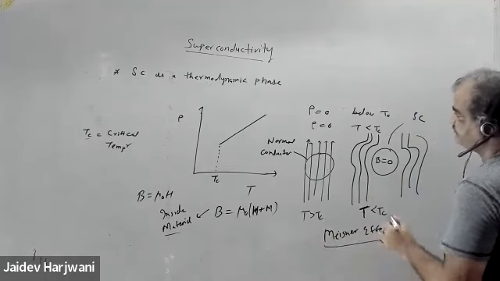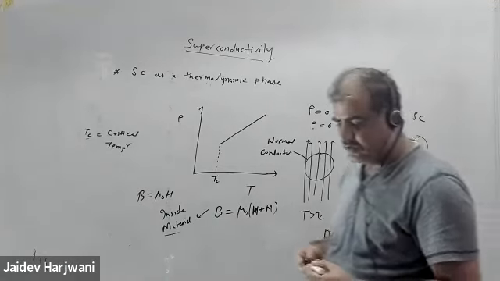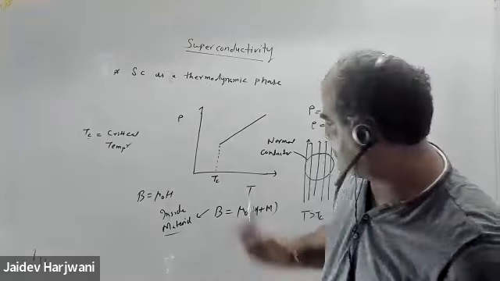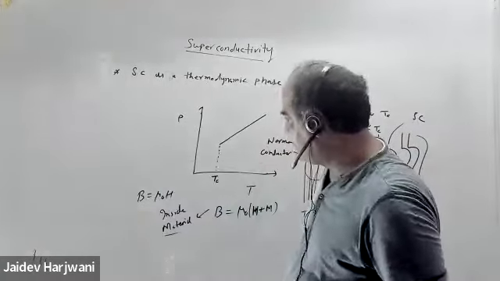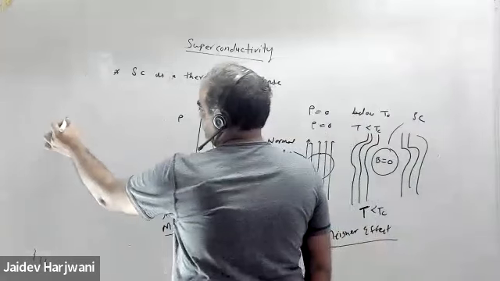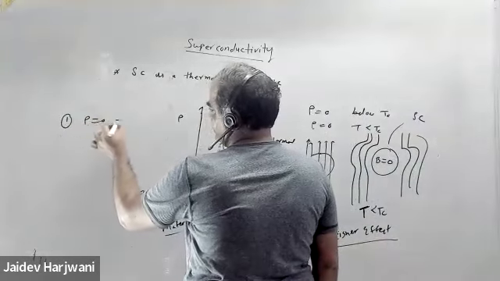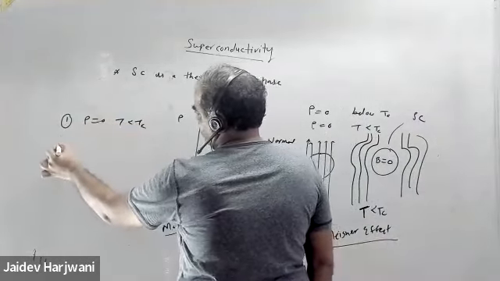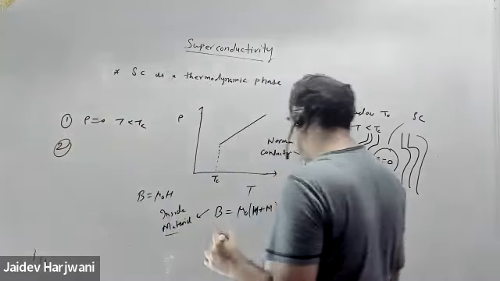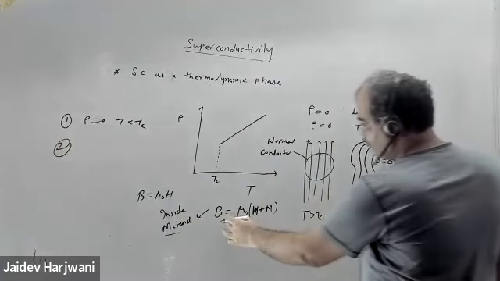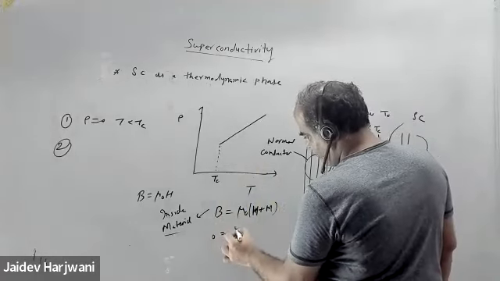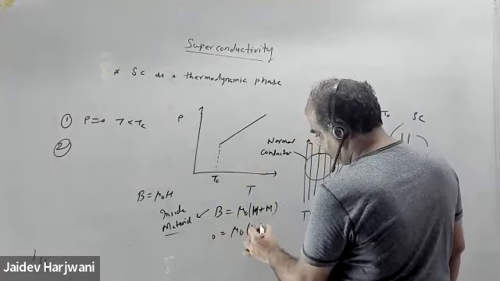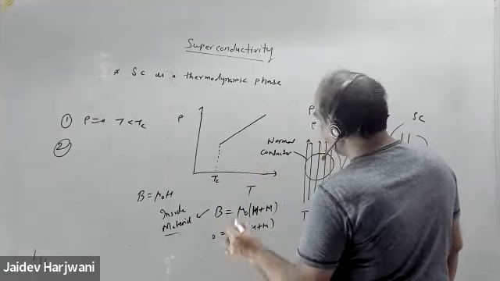Now if I want to characterize this superconductor, first, rho should be 0 for T less than TC. Second, B is equal to 0, so mu 0 (H plus M) equals 0.